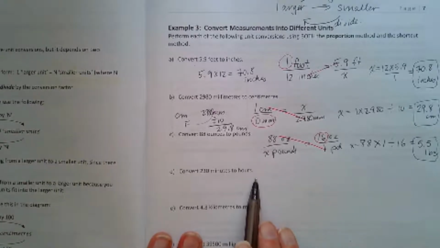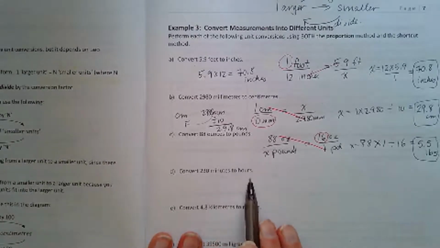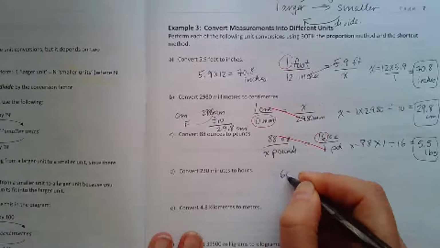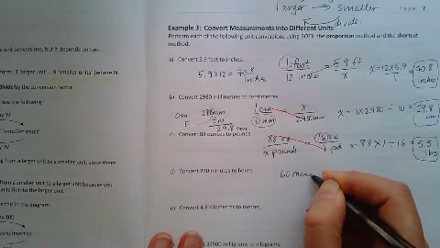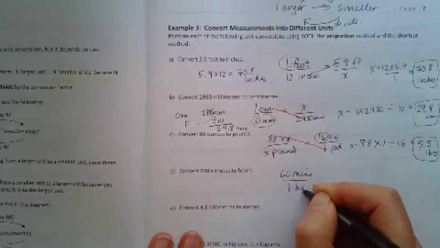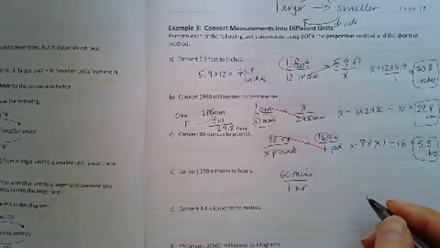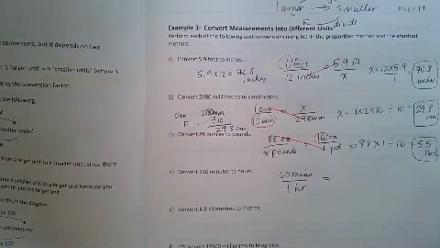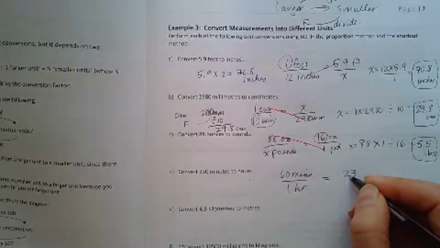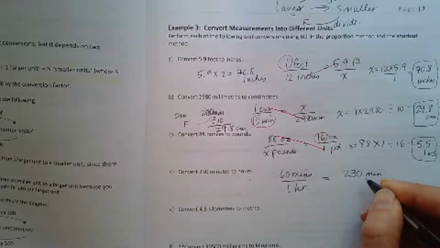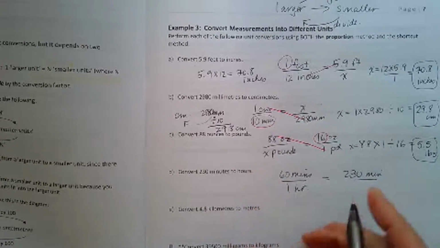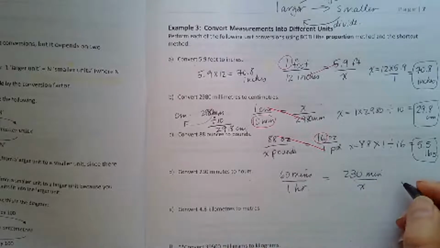All right, let's do the next one, minutes to hours. Okay, well, I know that 60 minutes equals 1 hour. That's the standard conversion. So I want to convert 230 minutes. Minutes goes on the top because that's what I put on the top here. And my x.